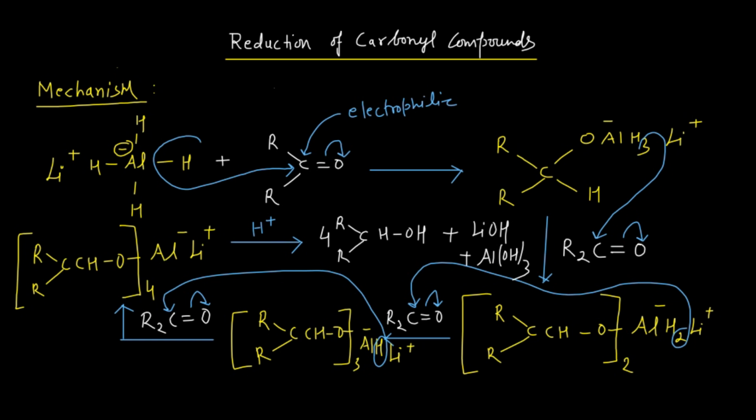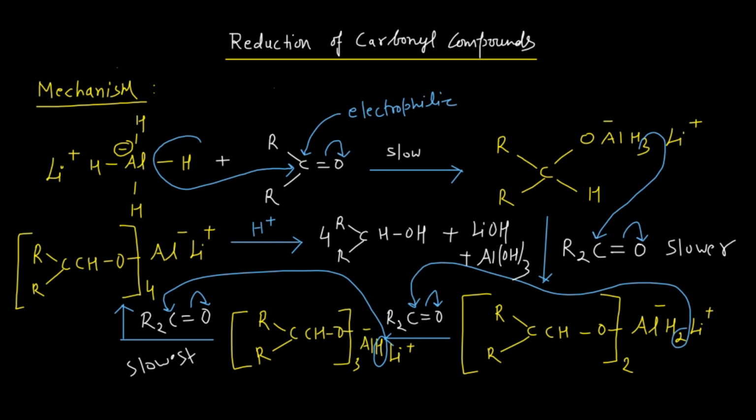However, a very important point is that if you see the rate of the reaction, the first step would be the slower one, the second step is slower again, and the last step would be the slowest one.